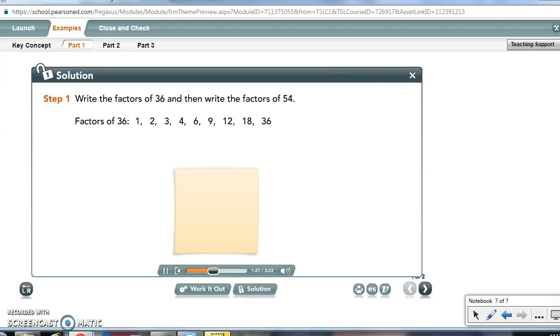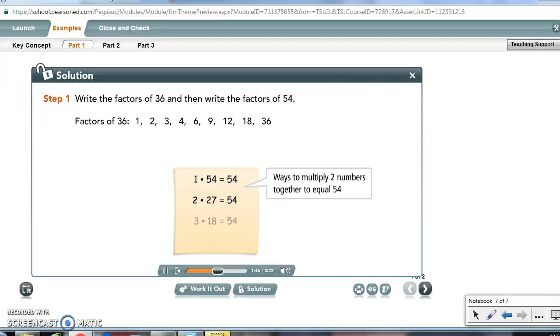To find the factors of 54, list all of the different ways that you can multiply two numbers together to equal 54. 1 times 54 equals 54. 2 times 27 equals 54. 3 times 18 equals 54. 6 times 9 equals 54.